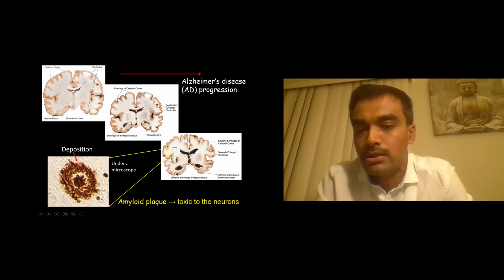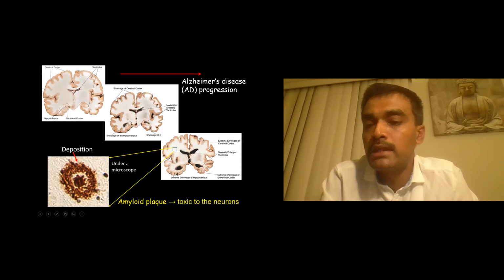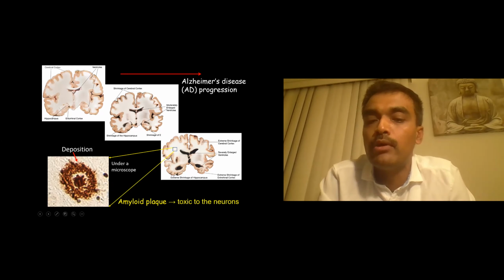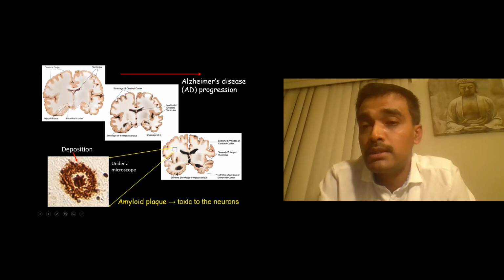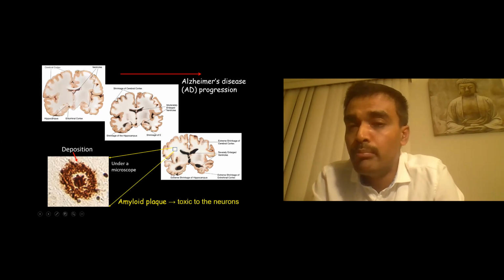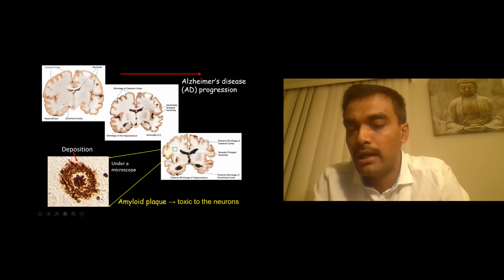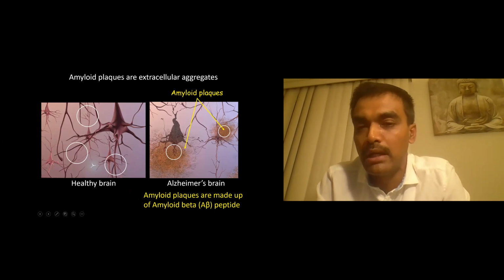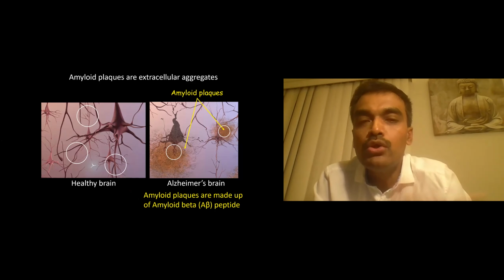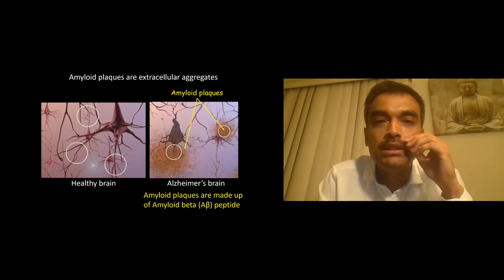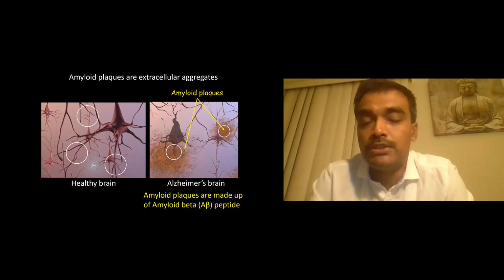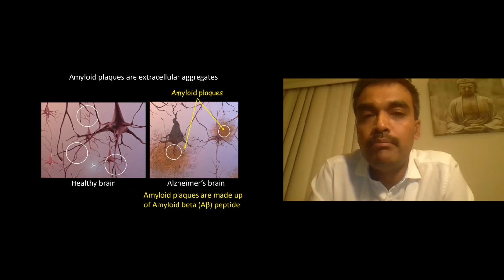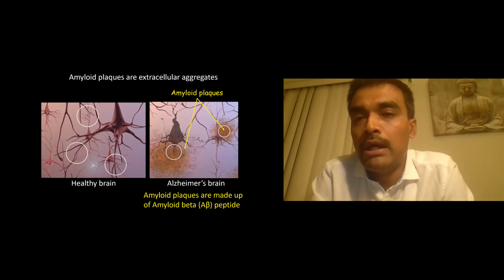So what are these amyloid plaques made up of? These amyloid plaques are made up of one very tiny protein called amyloid beta protein, or sometimes you can call that amyloid peptide, or in short, A beta peptide. Very interestingly, this peptide is basically generated from a parent protein called amyloid precursor protein.